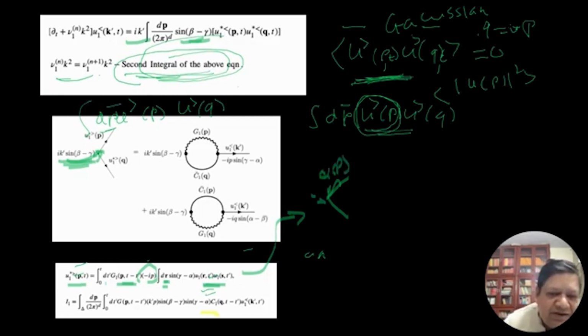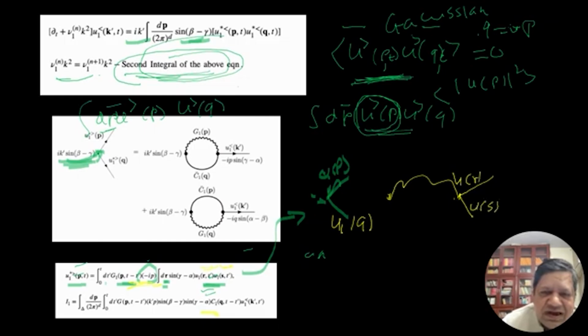Let's use a slightly thinner pen, and I'm going to use this color, and this is u1 of q. So the u1 p I am expanding: this is the vertex, this is the Green's function, and it has two legs. Which are the two legs? UR and US. And we got UQ here. There's the subscript 1, but we don't worry about it.